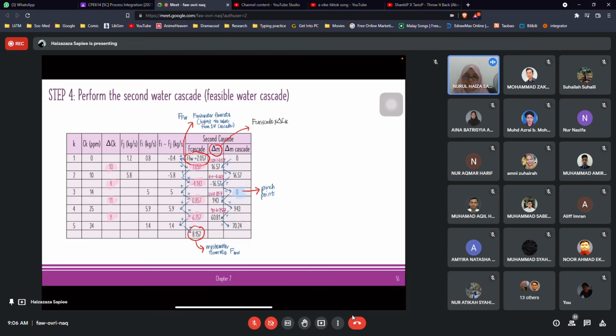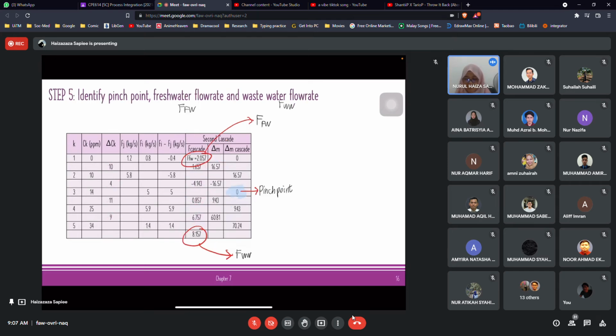And obviously the first value would be your freshwater flow rate, and then your last value would be your wastewater flow rate. Boleh follow ke? Boleh Doktor? Boleh. So later you can try it out so that you can actually do the calculations one by one. So you get the freshwater flow rate, wastewater flow rate and your pinch point. Okay. So that is basically the end of the cascade.